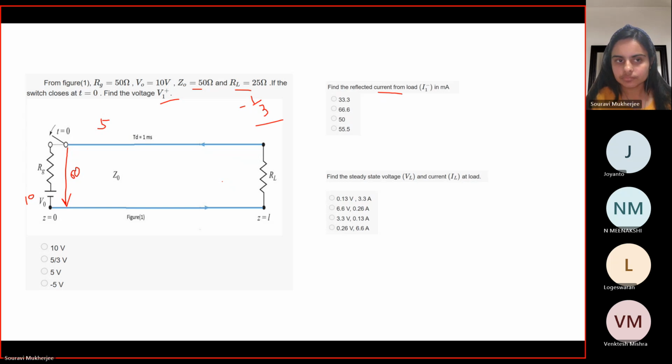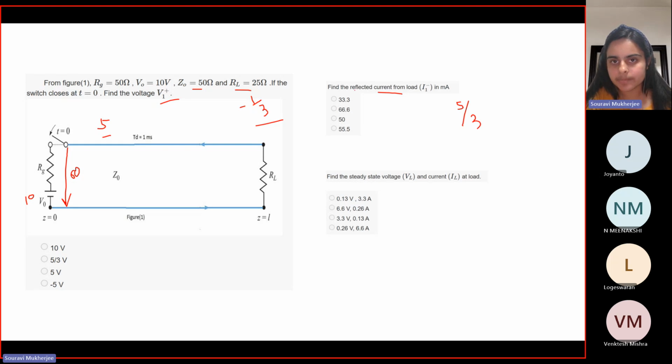The incident voltage is 5 and the reflection coefficient is minus 1 by 3, so 5 into minus 1 by 3 is minus 5 by 3. The minus just signifies that it is a reflected wave. So the reflected voltage will be 5 by 3.